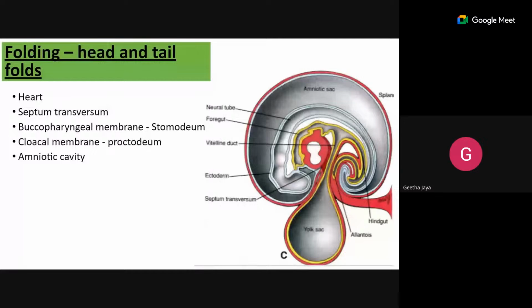Now we can see that the gut tube is ventral to the neural tube. The foregut is dorsally, spinal cord.